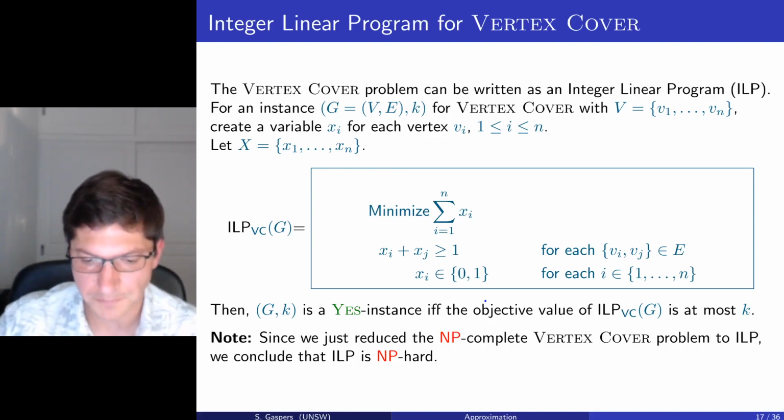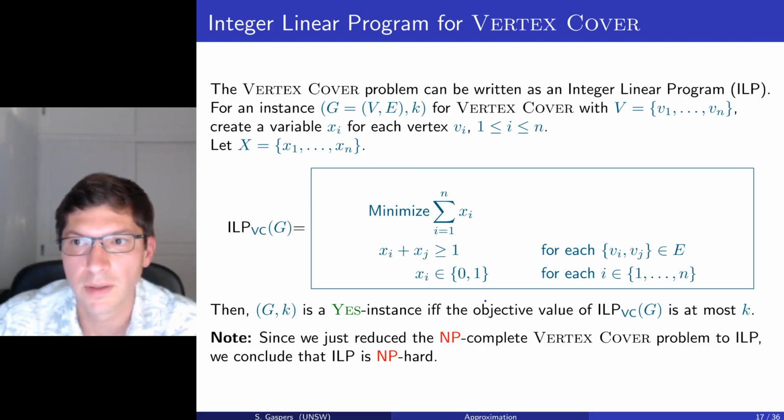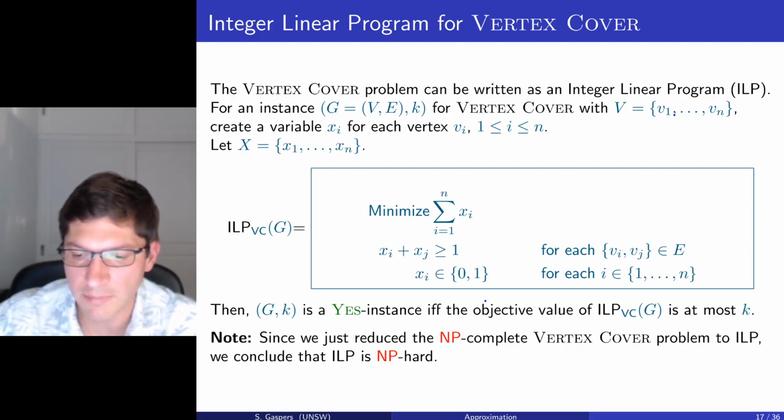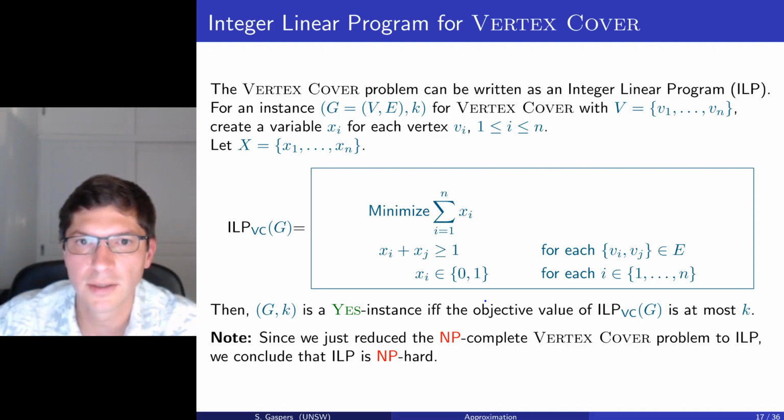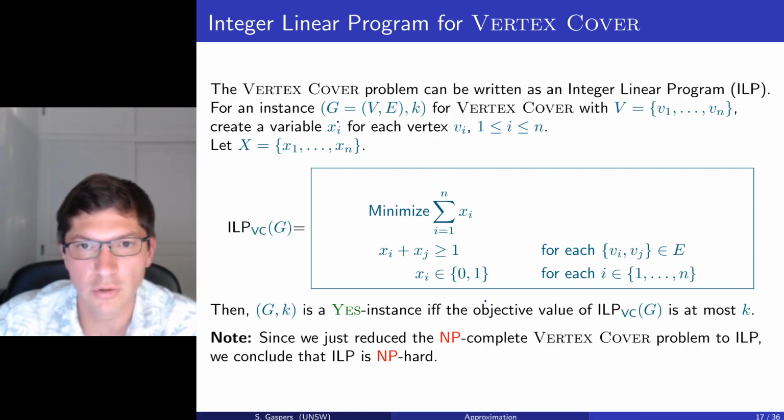Okay, so what do we have here? For an instance of vertex cover, that's composed of a graph G and an integer k. Let's name the vertices v1 to vn, and now we create the variable xi for each vertex vi. Our set of variables for the integer linear program is this set x, composed of x1 to xn.